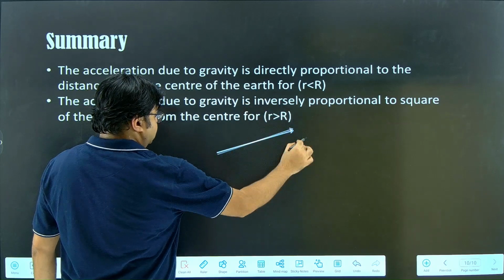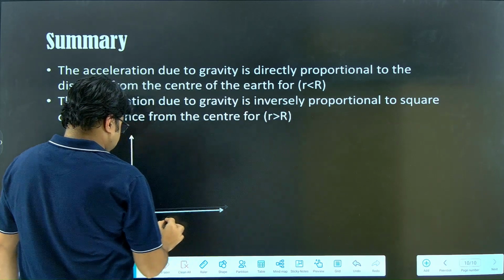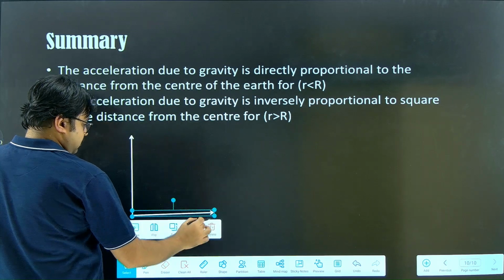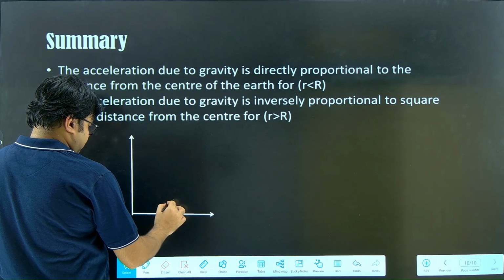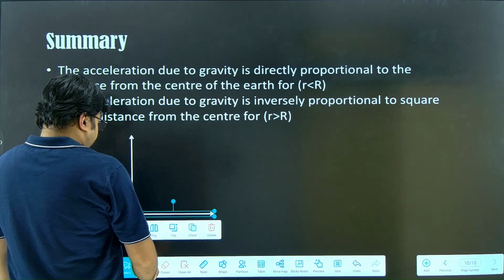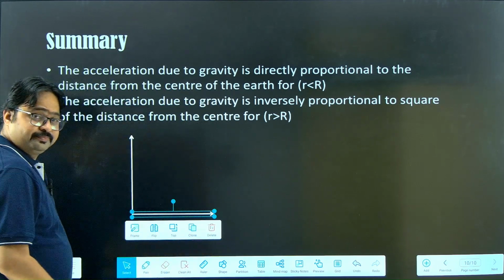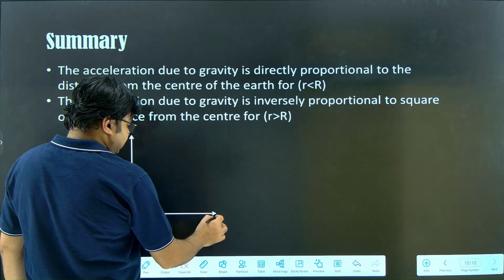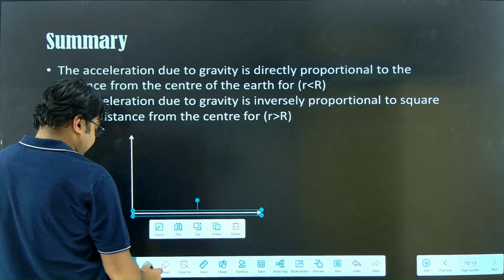Now this is your x-axis, place it here. Okay, now that's your x-axis, and you want to draw a graph for variation of acceleration due to gravity, then you would do it this way. Watch.